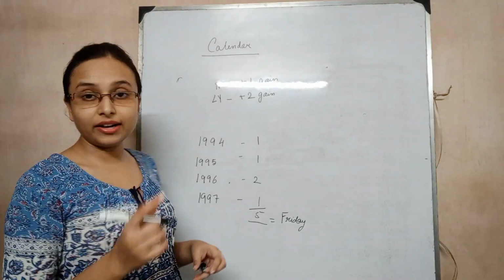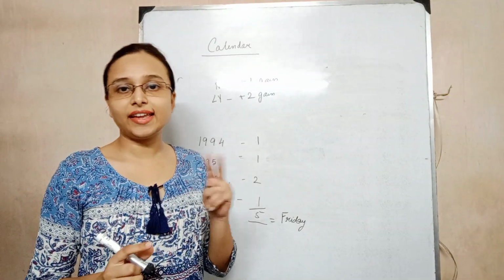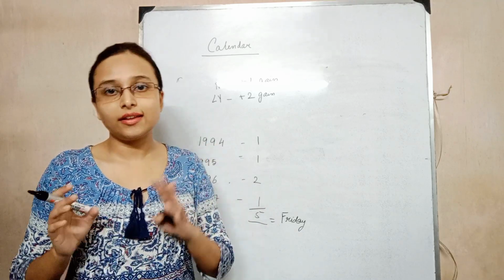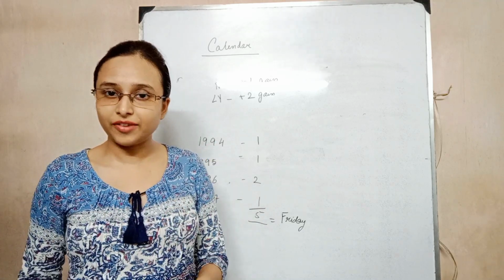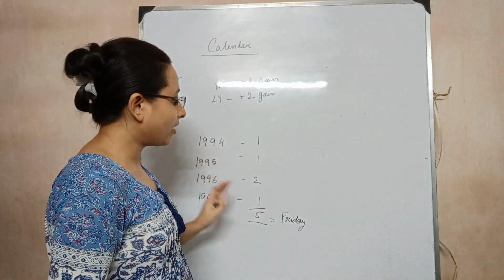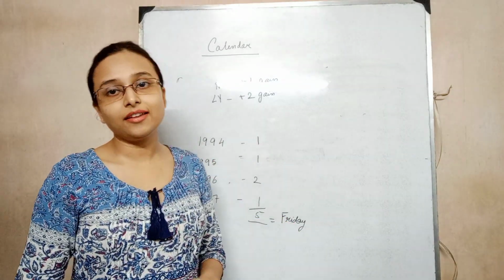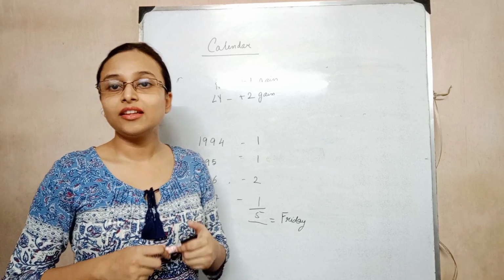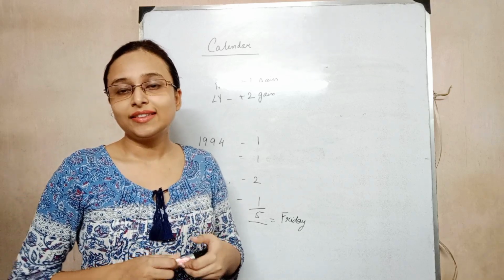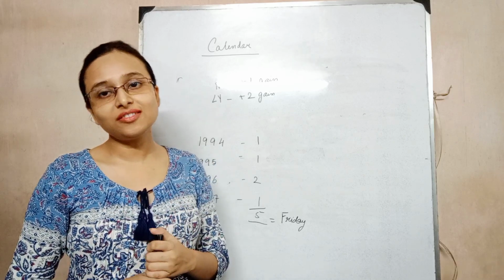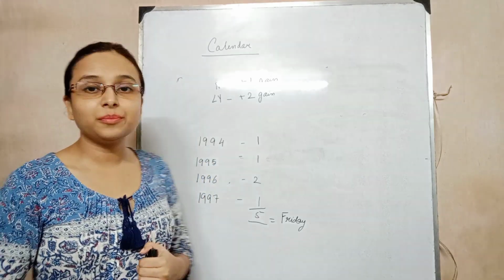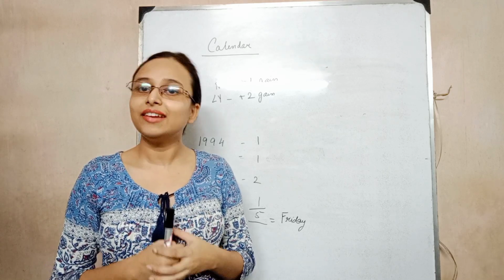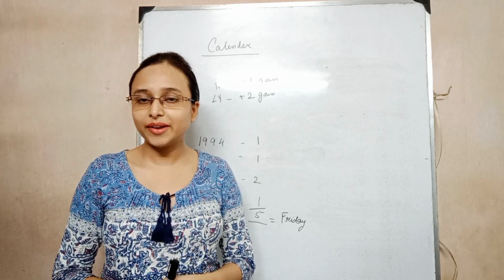Since the first day is Monday, second day is Tuesday, third day is Wednesday, fourth day is Thursday, fifth day is Friday. So calculating the answer, we get the fifth day is Friday. So the answer to this question is the third option, that is C, which is Friday, right? So they will be celebrating their anniversary on Friday in the year 1997, right?